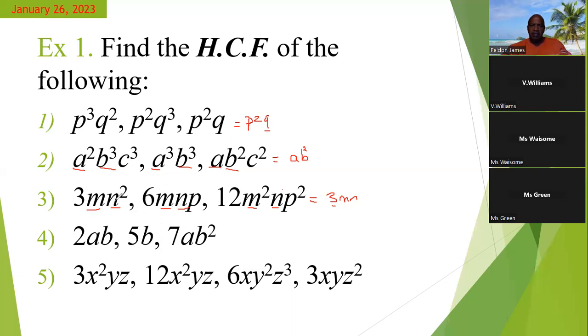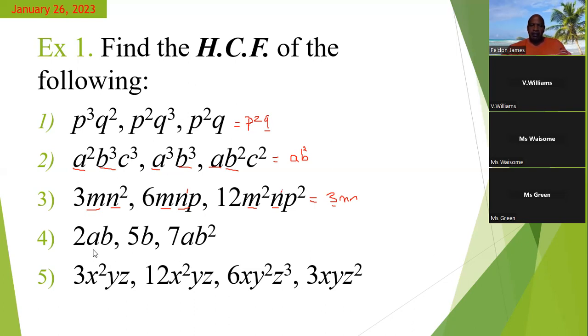So if you notice, this n has the power 2, this n has the power 1, this n has the power 1. So please take the time to check the power carefully to ensure that you find the HCF correctly, because if the HCF is not correct, then your factorization won't be correct.